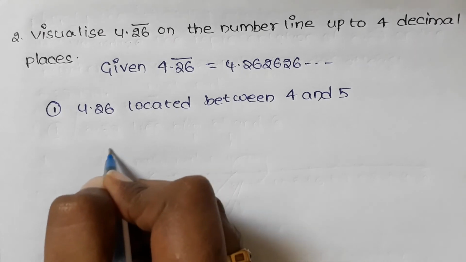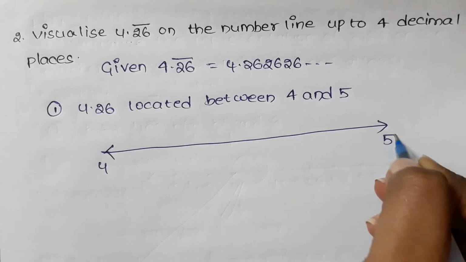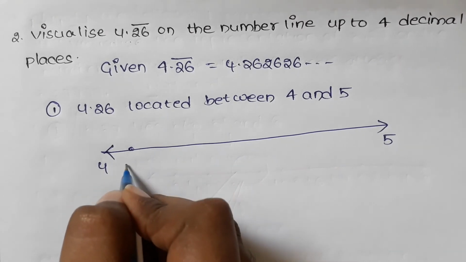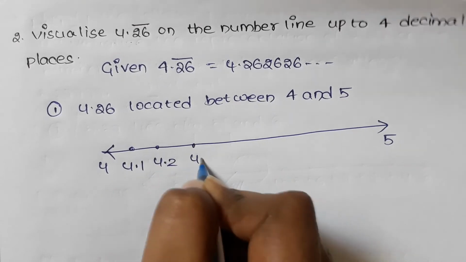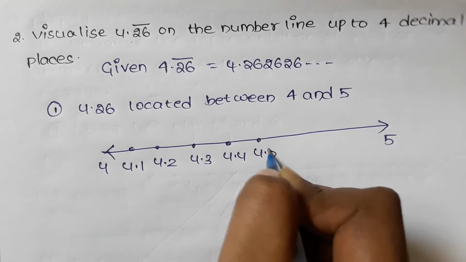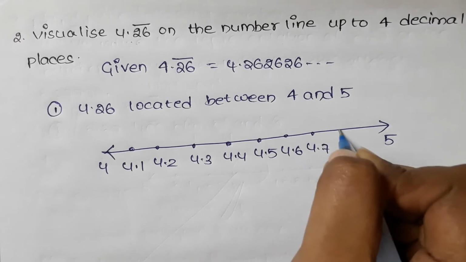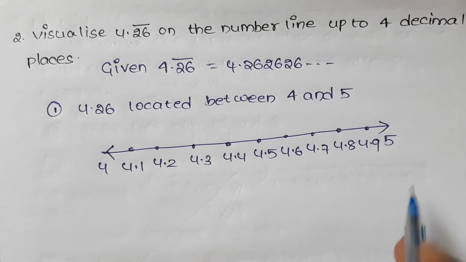That is here 4, 5, and it is divided into 10 equal parts. Mark it as 4.1, 4.2, 4.3, 4.4, 4.5, 4.6, 4.7, 4.8, 4.9 and 5.